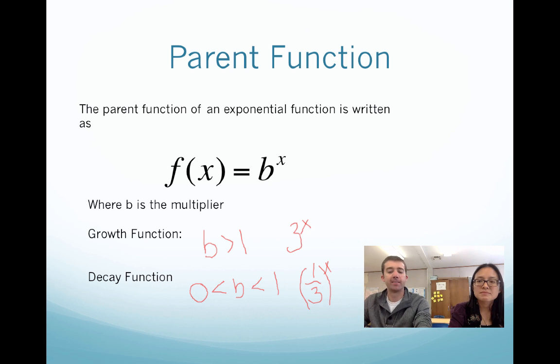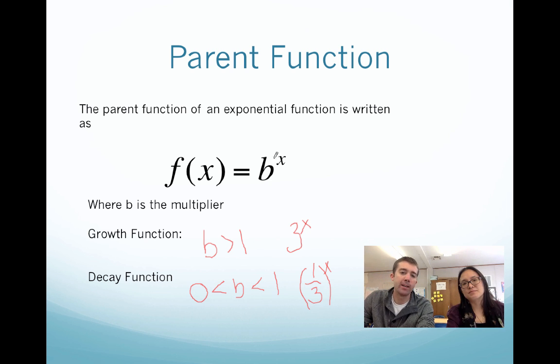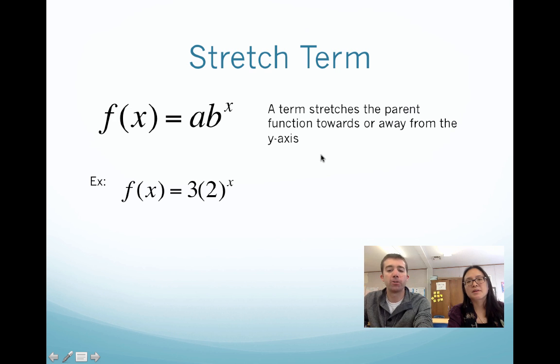All right, so now we can move this parent function around using a whole bunch of transformations. Our first one is our stretch term, the term that stretches our function towards or away from the y-axis.